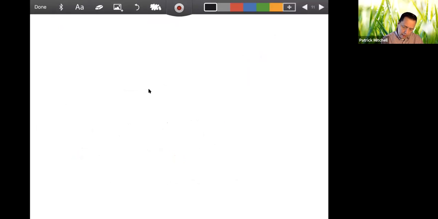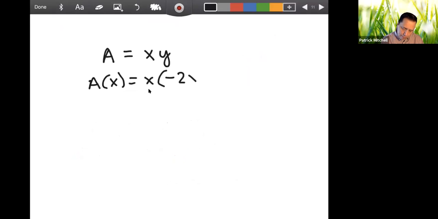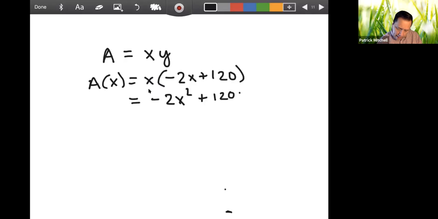So when I write my area function, y is going to get replaced with negative 2x plus 120, which means my area function now is negative 2x squared plus 120x.